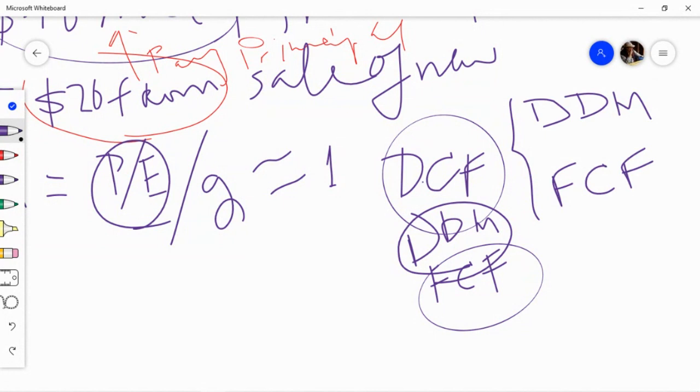All right. But they all came around in the 1950s. Then prior to the 1950s, how did they value the stock? They used the P/E ratio. So the idea is like this.